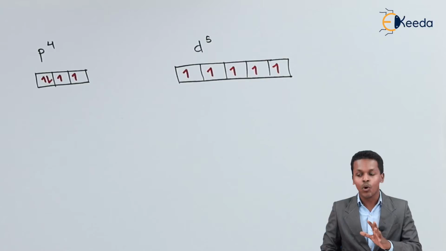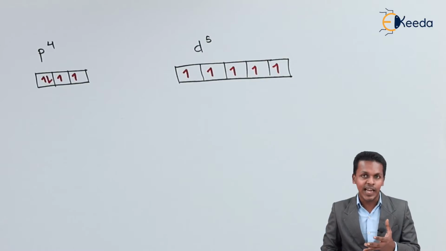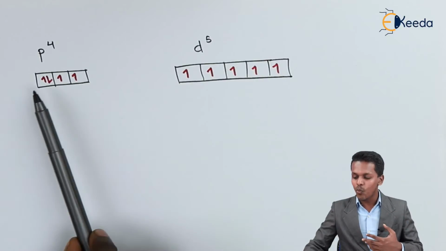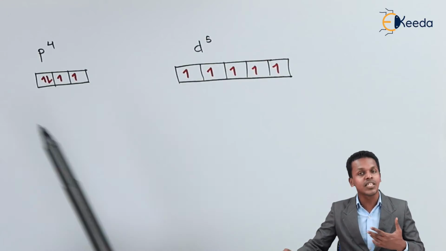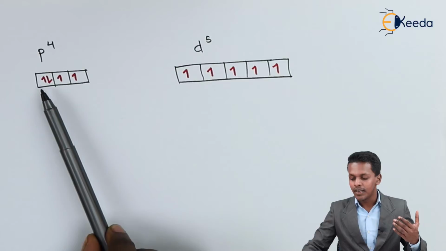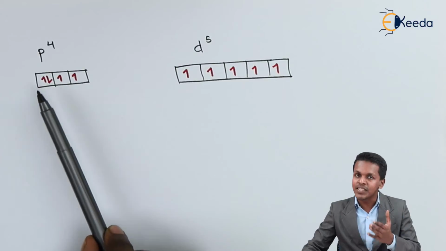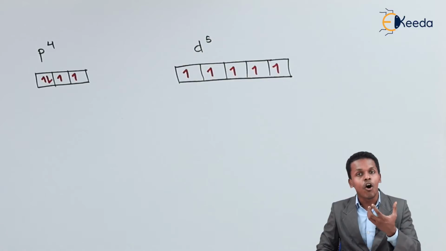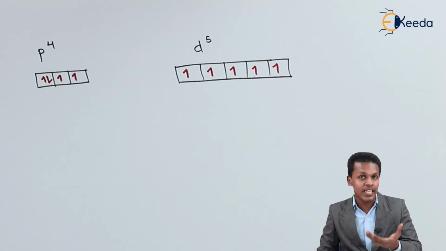Let me talk about the use of this kind of filling of electrons. While filling the electrons, we fill all the orbitals singly, and that is how the orbital becomes more stable.